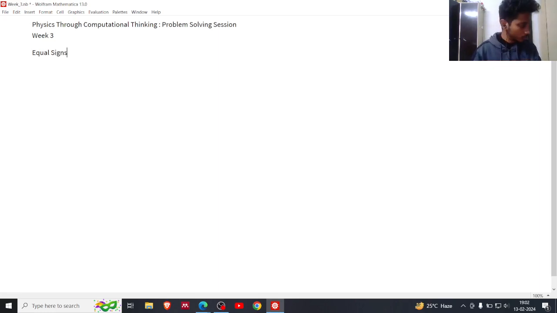Okay, so I will talk about the equal signs first. In Mathematica, there are many different commands that involve the equal sign.